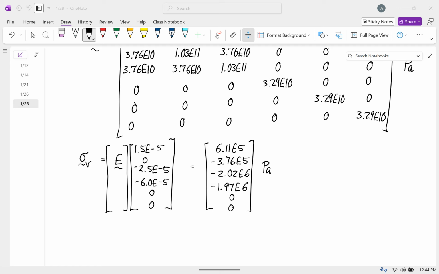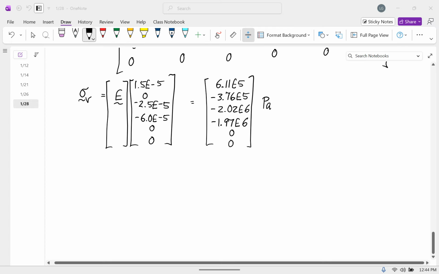Okay, and is what we get that? Is that the Voigt stress? That is the Voigt stress that we just calculated. And so now what I asked for was the stress tensor. So we'll go to the stress tensor from here.